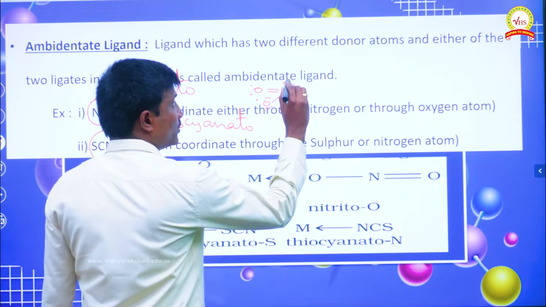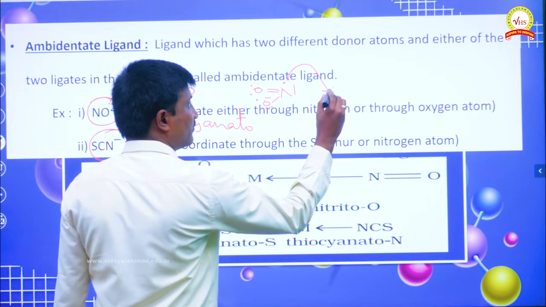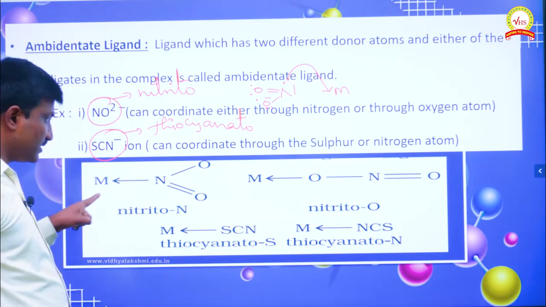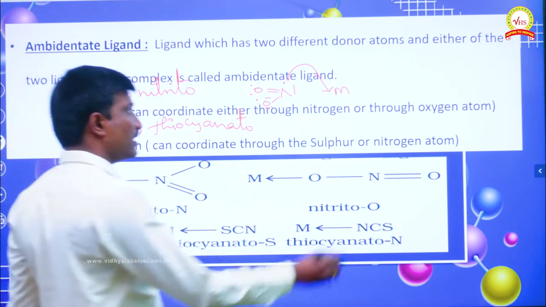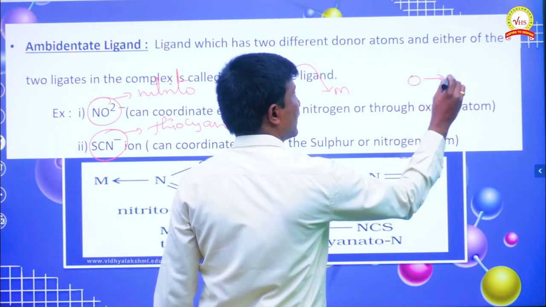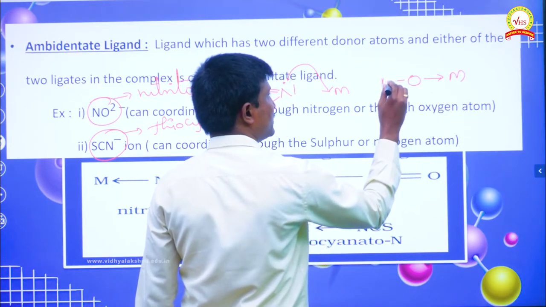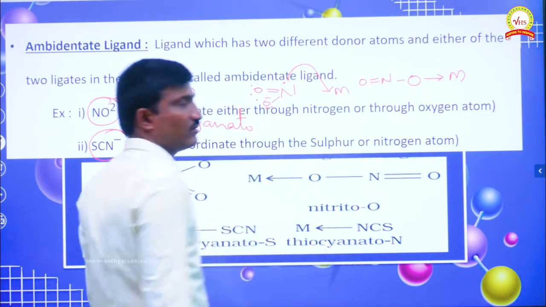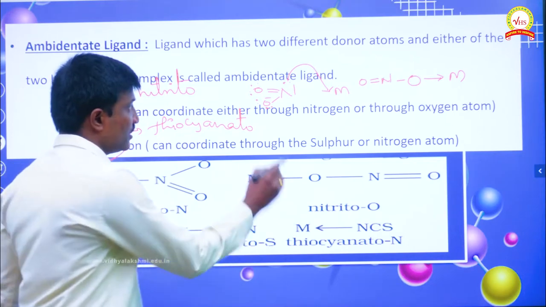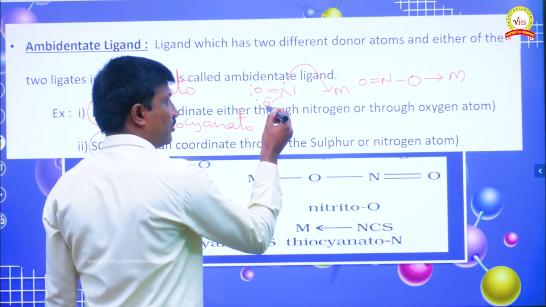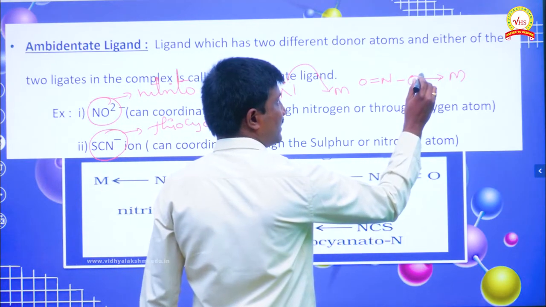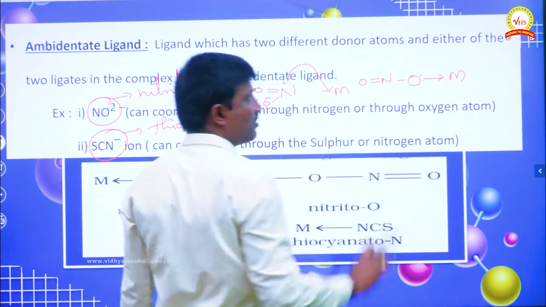During the binding of NO2 to the metal atom, this nitrogen may bind to the metal atom and give this complex compound, or this oxygen may have a chance to bind to the metal atom and give this structure. The negatively charged oxygen may bind to the metal, and when it binds, it gives one lone pair of electrons to the metal, right? So this oxygen gives one lone pair to the metal.